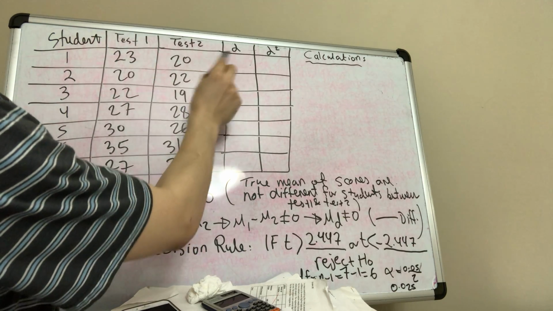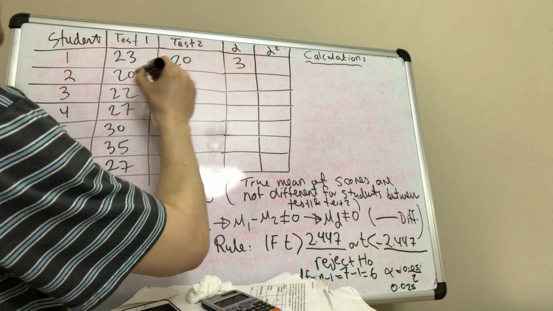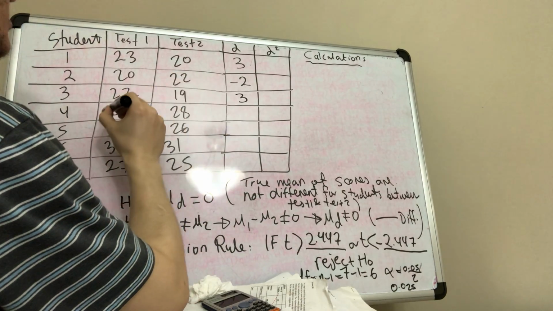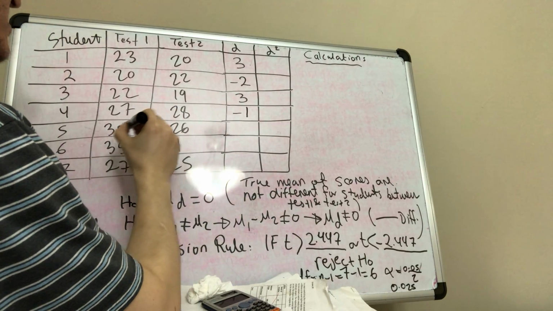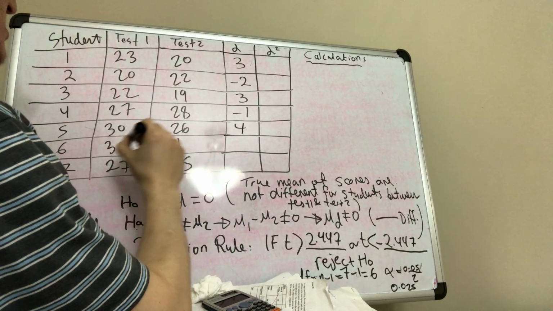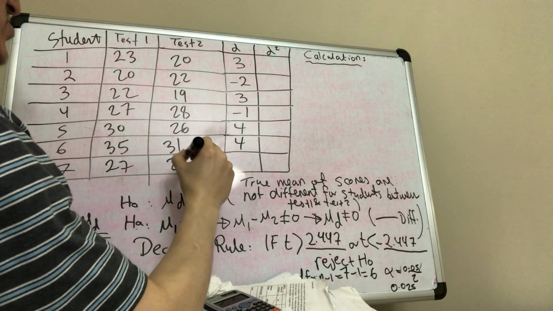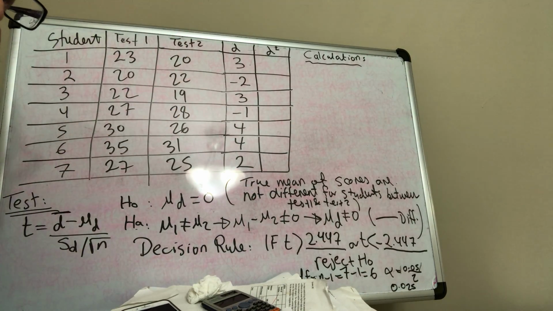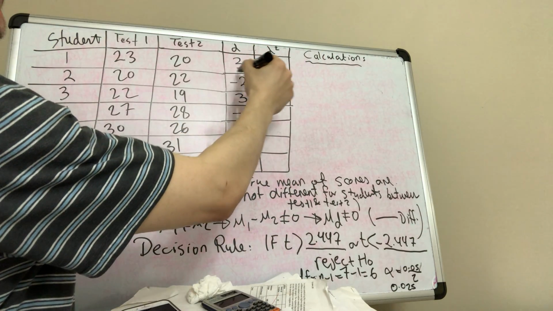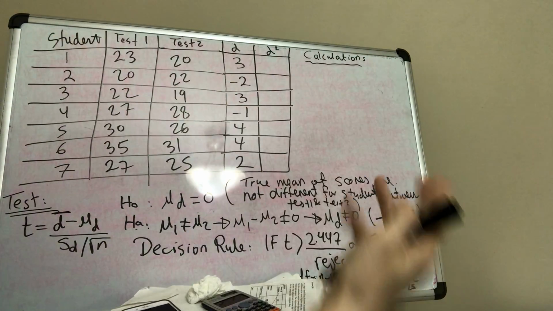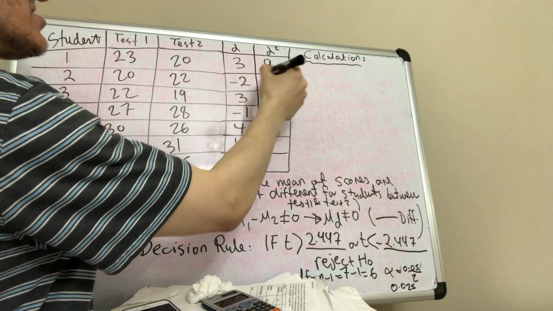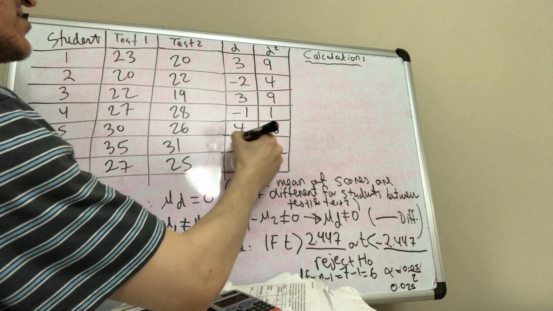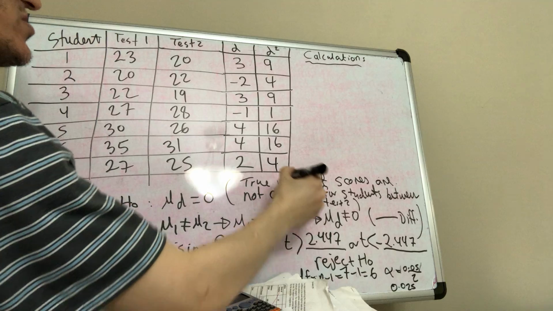For the difference, 23 minus 20 is 3. 20 minus 22 is minus 2. 22 minus 19 is 3. 27 minus 28 is minus 1. 30 minus 26 is 4. 35 minus 31 is 4. And 27 minus 25 is 2. This is the column for D, difference. Here, you take each number and square, and any number you square becomes positive. 3 squared is 9, minus 2 squared is 4, 3 squared is 9, minus 1 squared is 1, 4 squared is 16, 4 squared is 16, and 2 squared is 4.